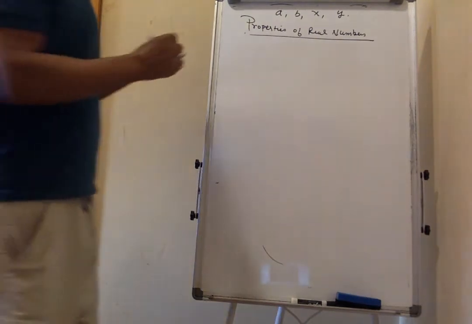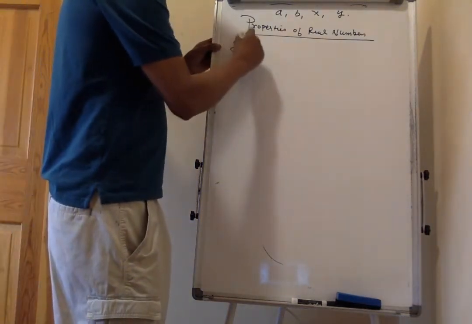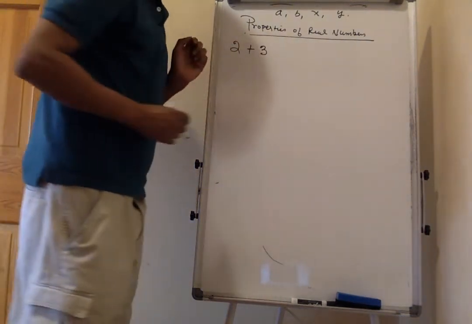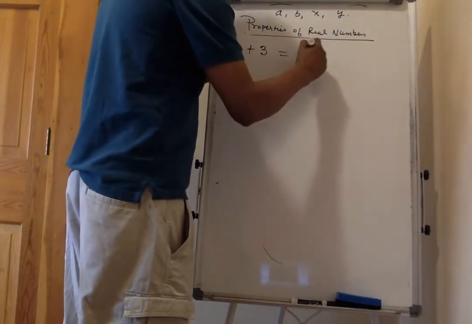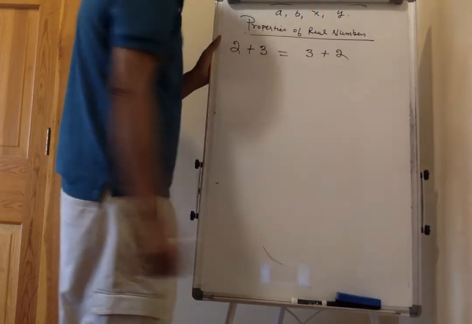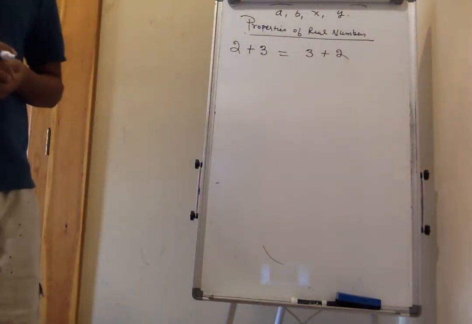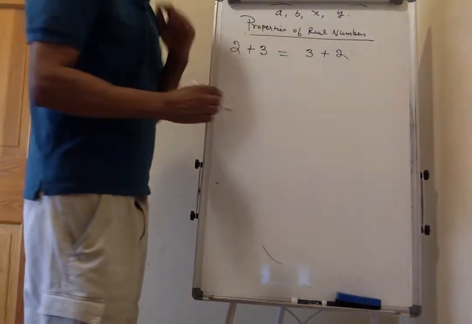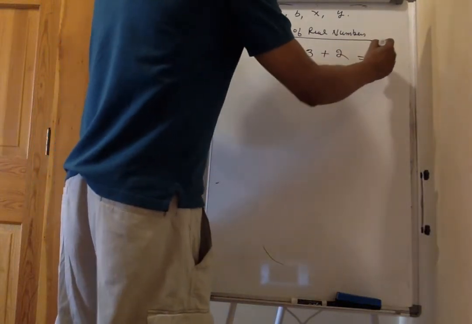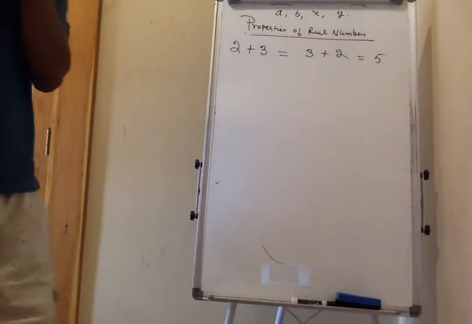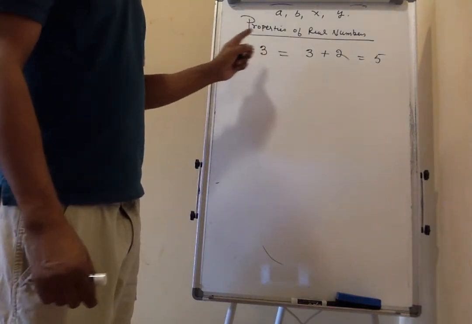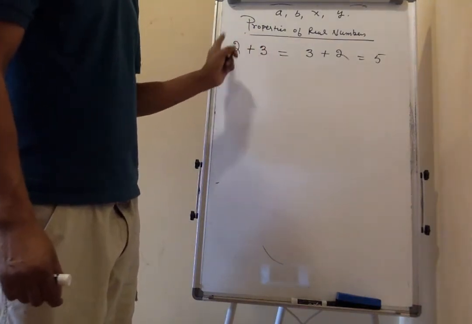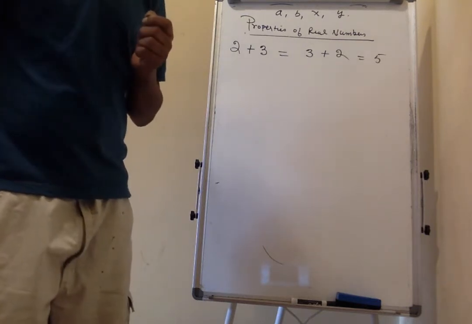Now, I can do this. If I add 2 to 3, it is the same as me adding 3 with 2 because I get the same outcome. 2 plus 3 is equal to 3 plus 2, which is equal to 5, right? So it doesn't matter which one I put first whenever I do addition.